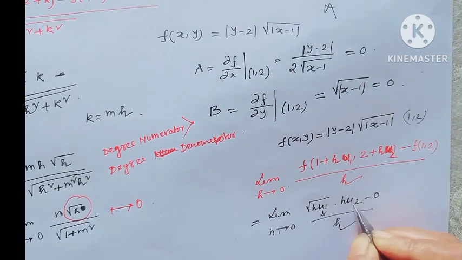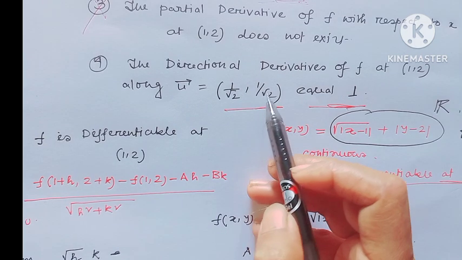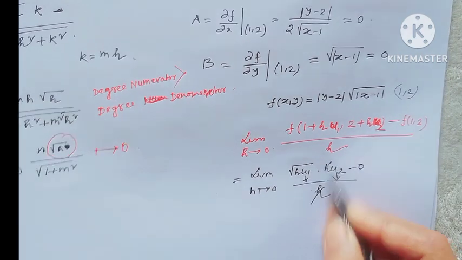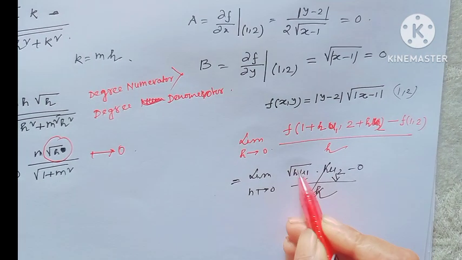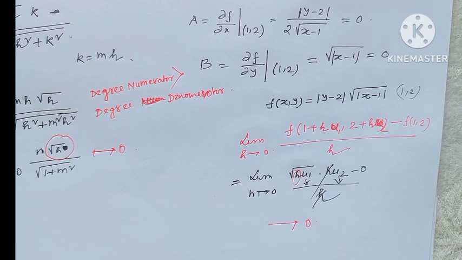And u1, u2 is the direction 1 over square root of 2, comma 1 over square root of 8. We have to find it in this direction. Here this would be cancelled, and for this h, it always tends to 0.